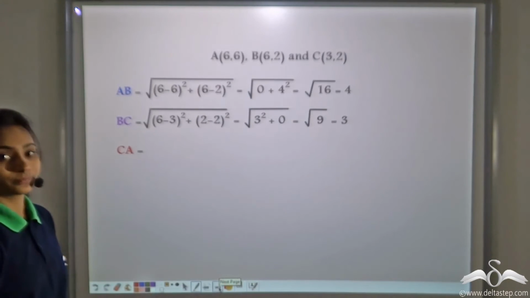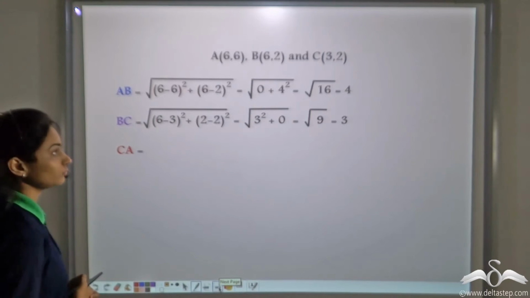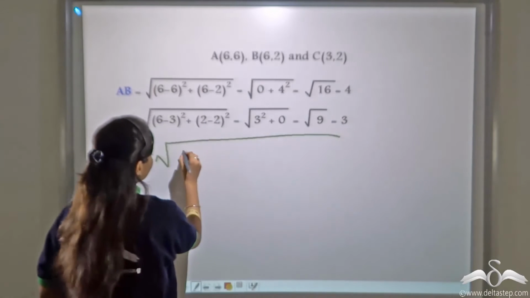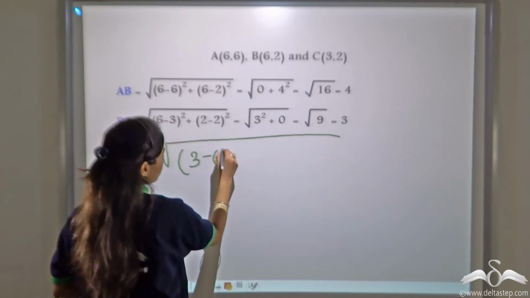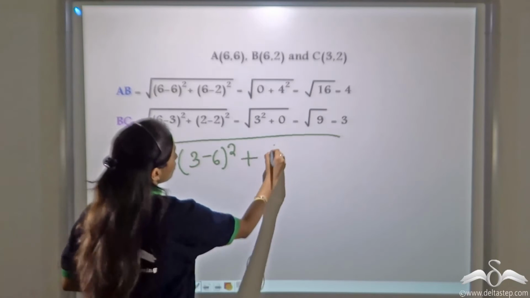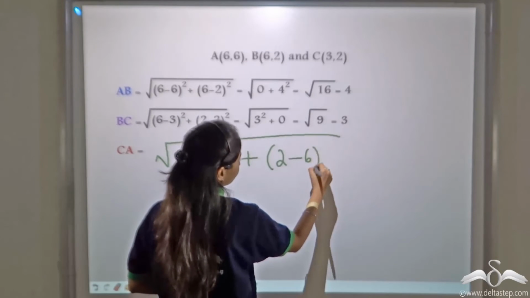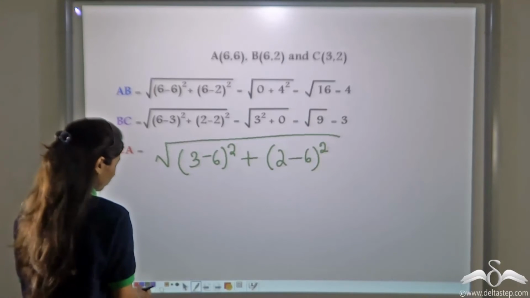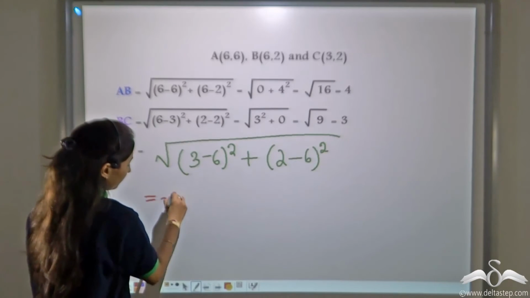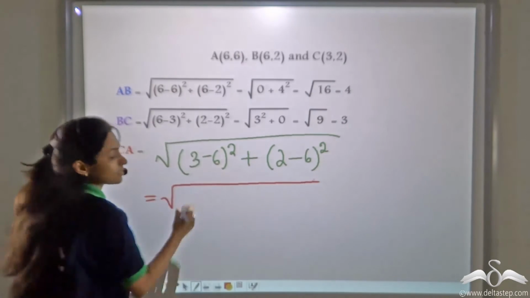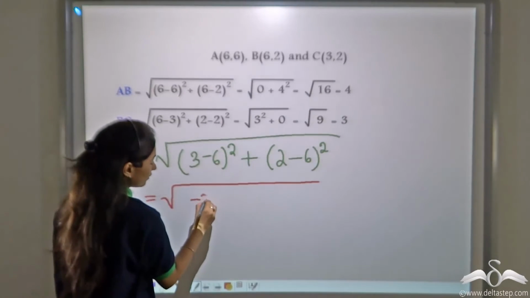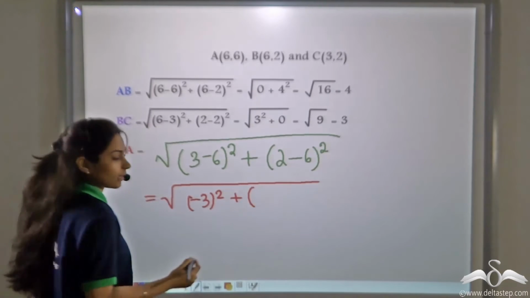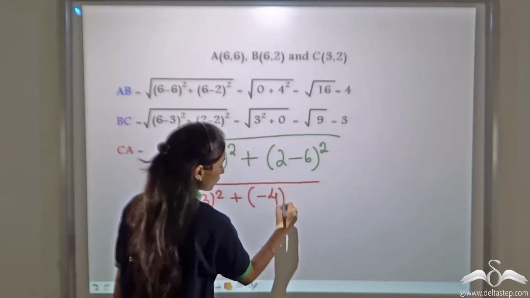Now what about CA? Find it out. Well, CA is root over 3 minus 6 whole square plus 2 minus 6 whole square. This will give me 3 minus 6 is minus 3 whole square, plus 2 minus 6 is again negative, minus 4 whole square.